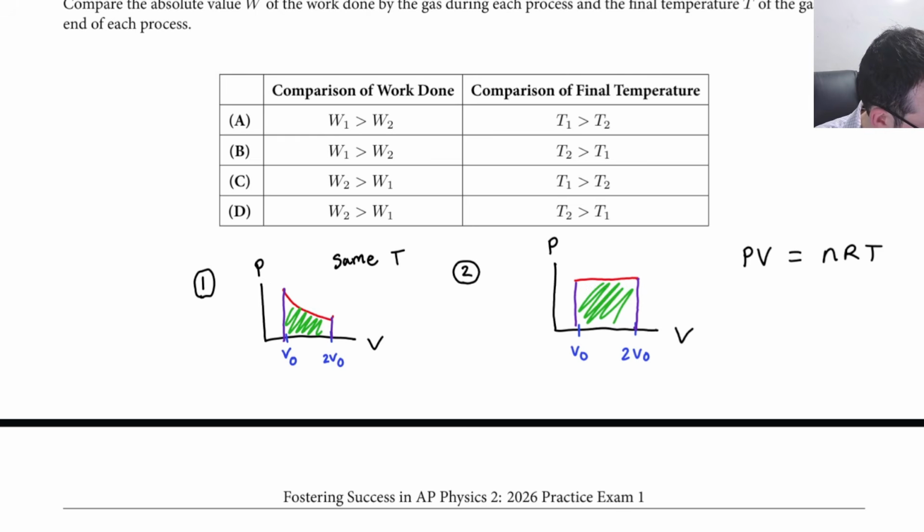So pressure is fixed, but volume increases. So what does that mean? Well, that means temperature goes up. So that means that our answer choice would be D, because our area is larger in case 2, and our temperature increases in case 2 while it stays constant in case 1.